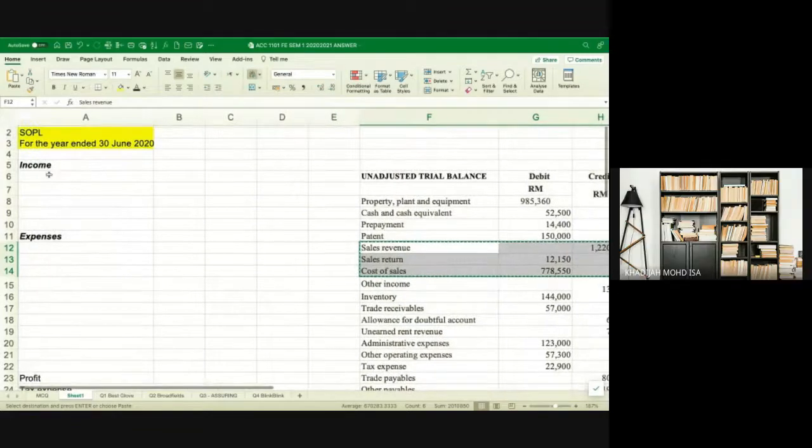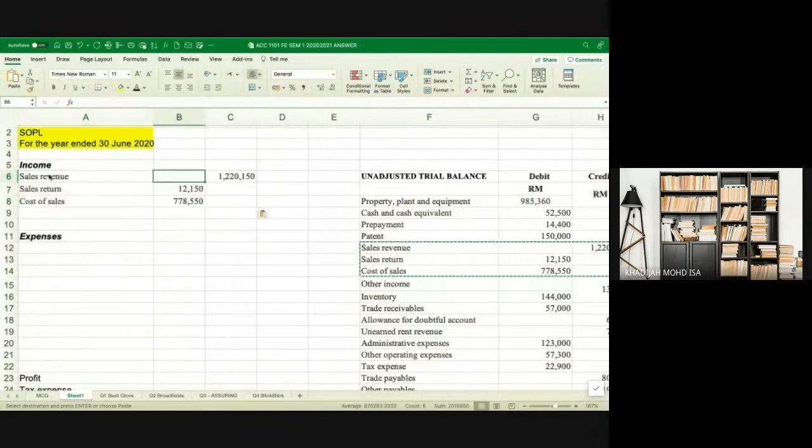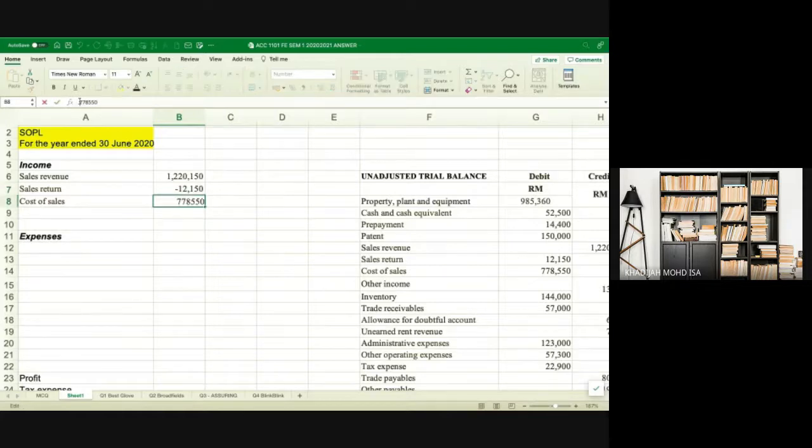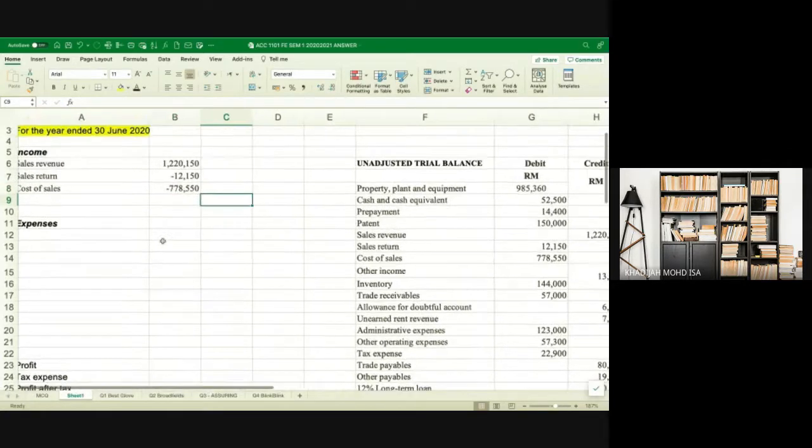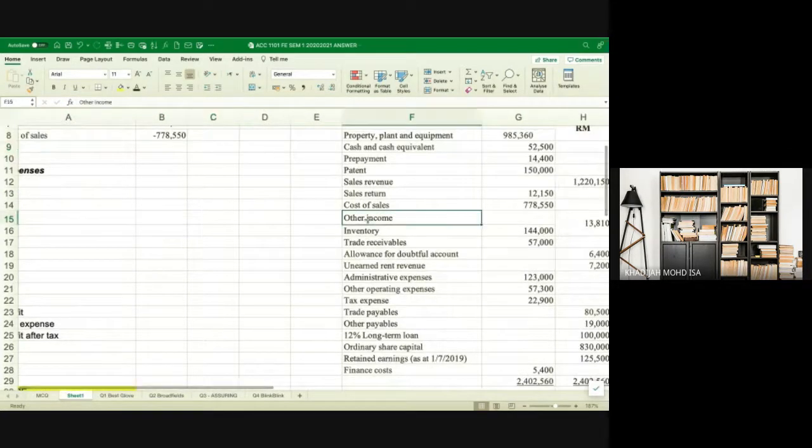So you just plug in that information, right? So I'm going to have it like this, right? But this one, remember that sales return is deducted from your sales, and then you have the net sales, and then minus your COGS, right? What else you have? Other income, right?